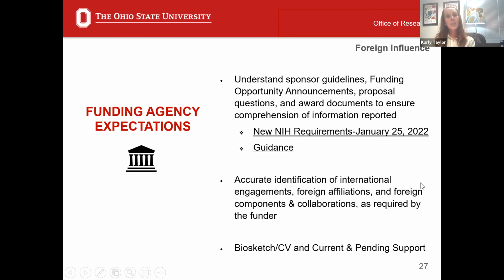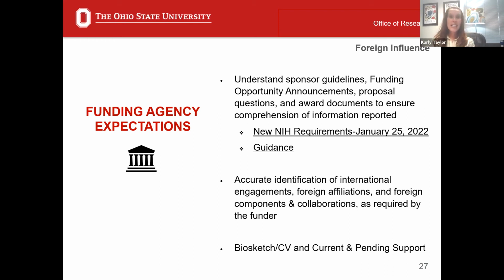Also, what we're seeing is funding agencies really expect that you are going to identify your international engagements. If you have foreign affiliations, as Ben mentioned earlier, most sponsors' biosketches expect that you are listing both domestic and foreign affiliations, whether you're being paid or not.